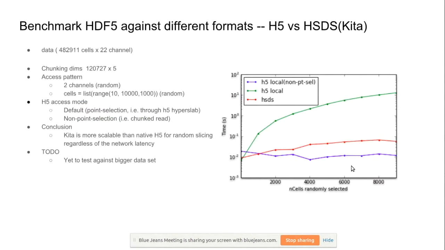And as previously mentioned, that's mainly due to the hyperslab union selection overhead from the HDF library. We are yet to test a bigger data set to see how the cloud-based storage performs when we increase the size of the subset.